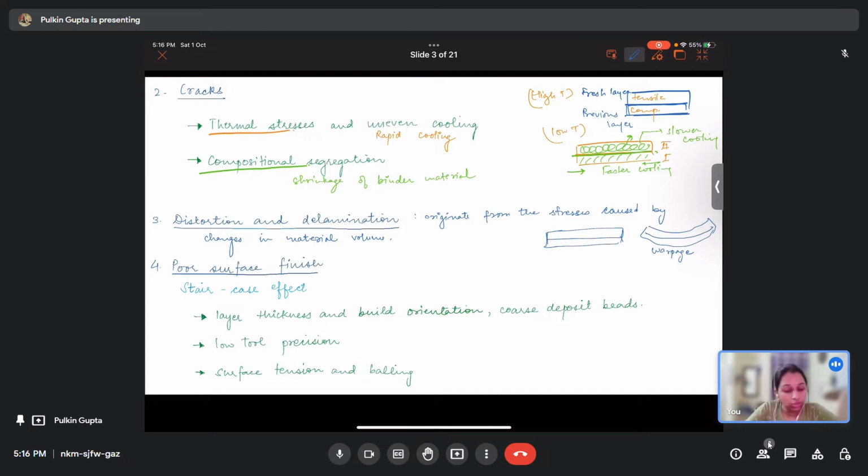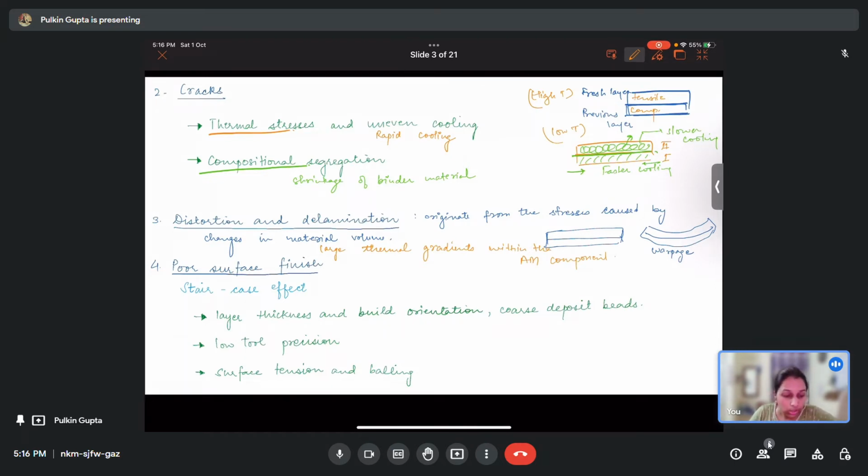So that is distortion or delamination. These are caused because of large thermal gradients within the additively manufactured component.